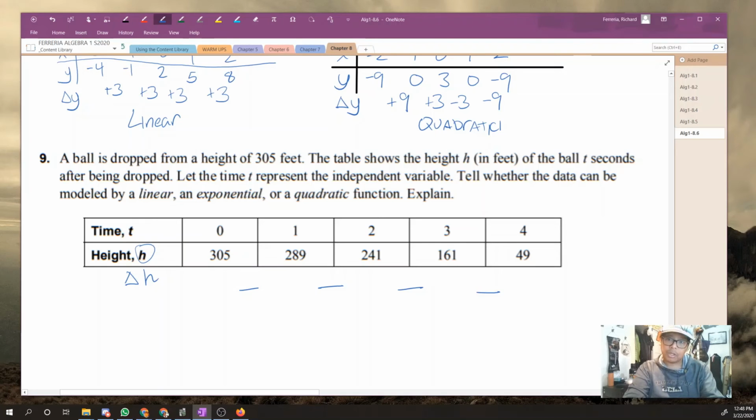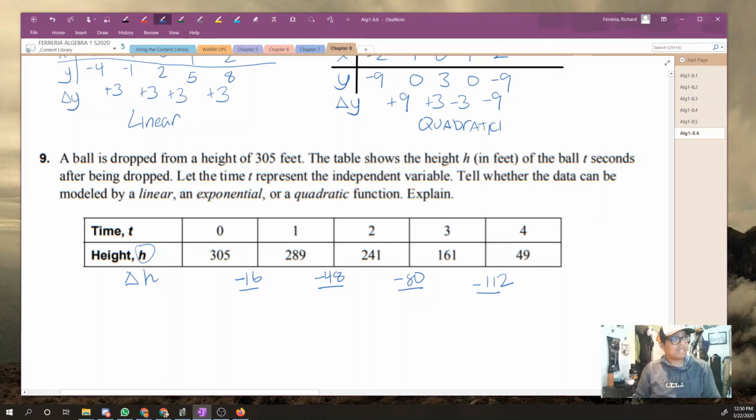Pause and wait. Pause it. 3, 2, 1. The delta h's here are not the same. Notice that they are increasing, or rather decreasing, all the way down the line.